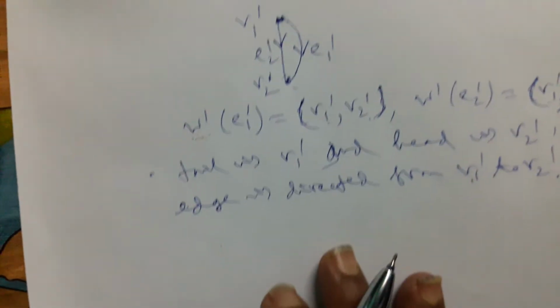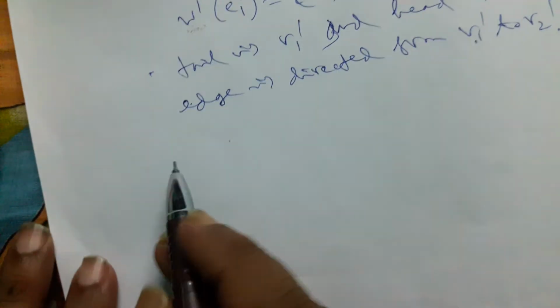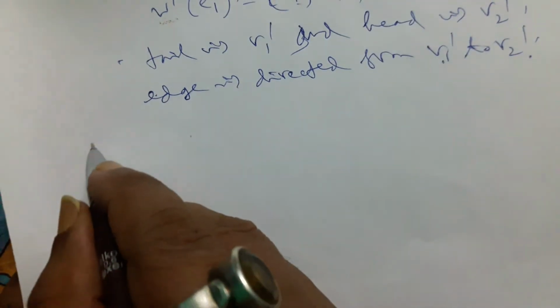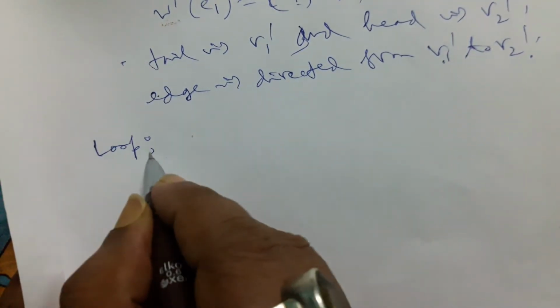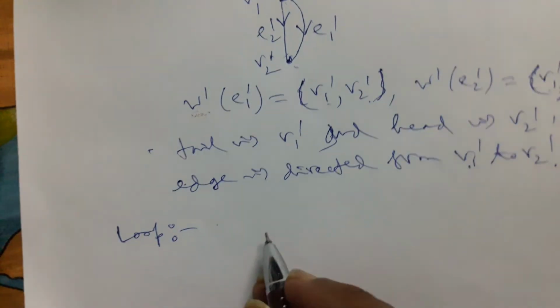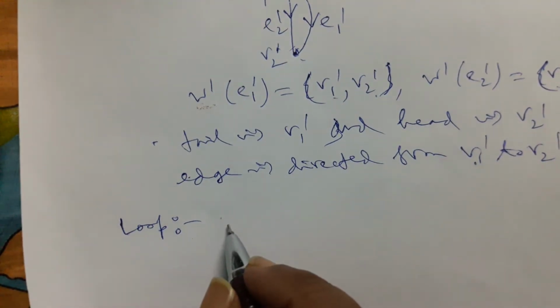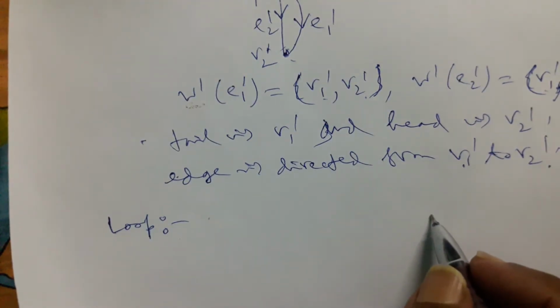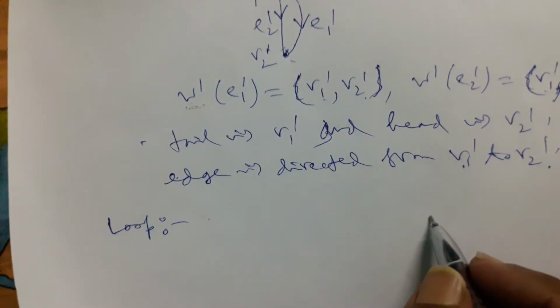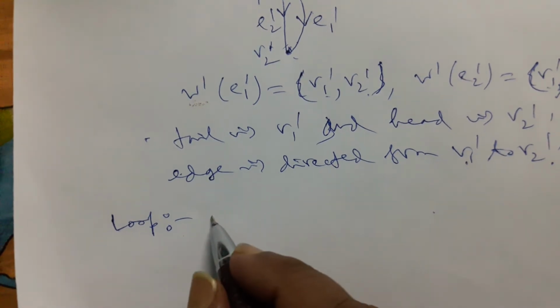Now if we consider another thing, that's called a loop. What will be its definition in the case of a digraph? An arc of a digraph is said to be a loop if its tail and head are the same.